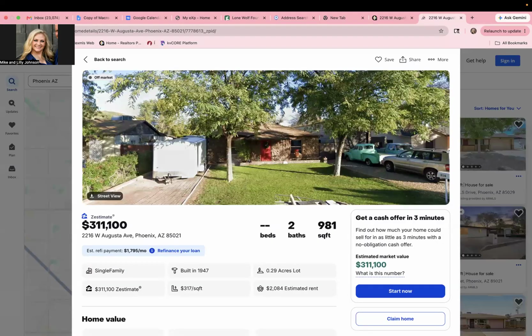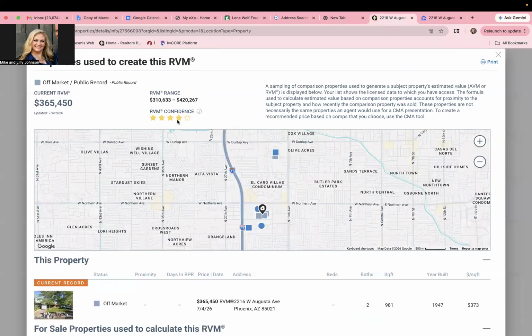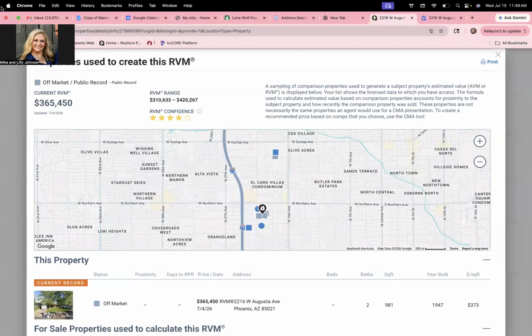Okay, so interesting. Zestimate gives me 311. The RVM is 310 to 420. So obviously Zillow thinks we're on the lower side of things. RVM has us a little bit higher. Let's see who's right, right? Prices are all over the place.